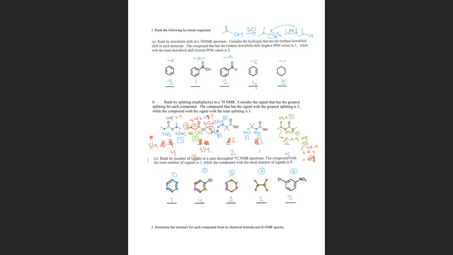I would just double check counting signals for things with splittings just to make sure, as you said in the beginning. So I misled y'all for a little bit. I'm really sorry. You take the adjacent hydrogens and you add 1. That's how you would get it.